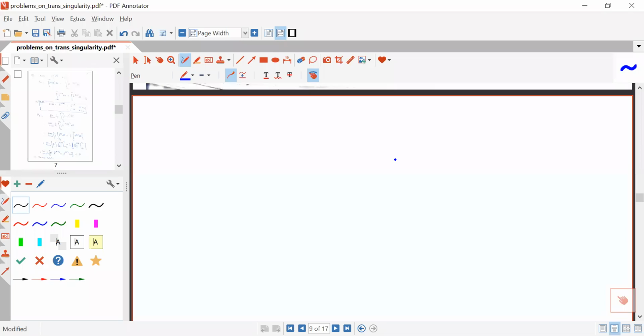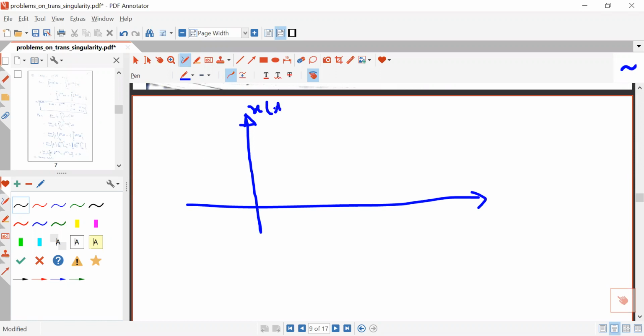In this lecture, I am going to discuss the unit impulse function, or you can say the unit impulse signal. In the previous lecture, I discussed how you can write the equation of a rectangular pulse in terms of the unit step function.